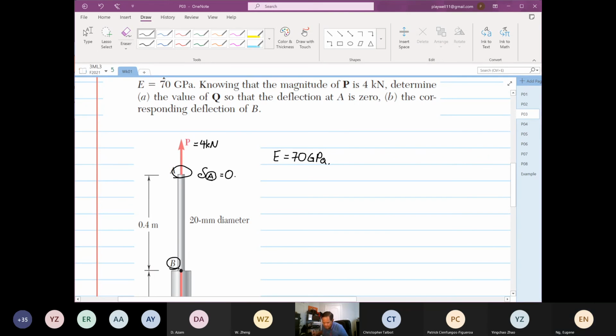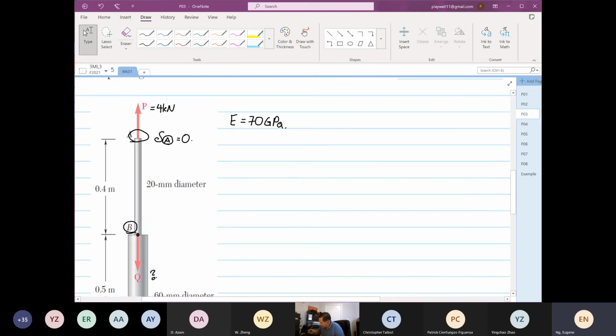So we are aware that we have to apply the formula where deflection is equal to PL over AE. This is what we know so far.